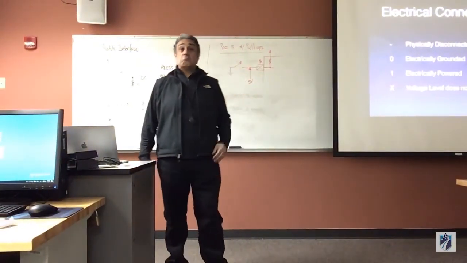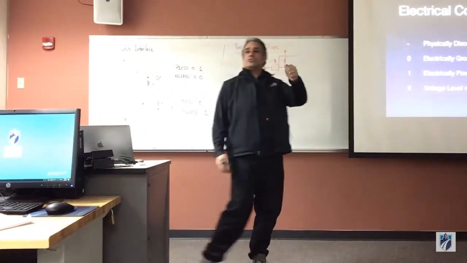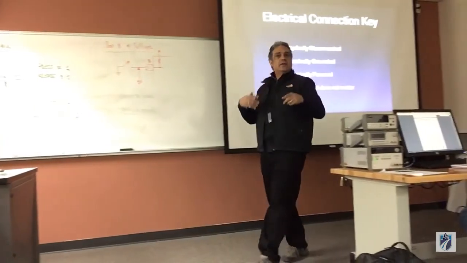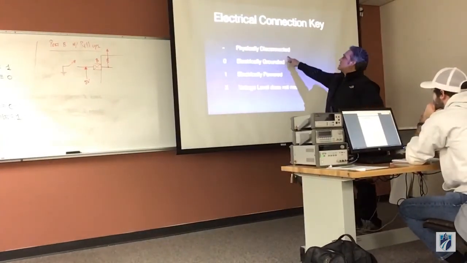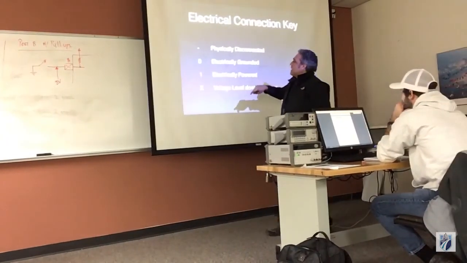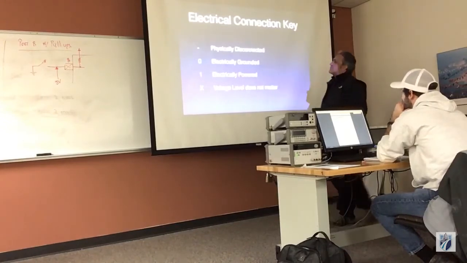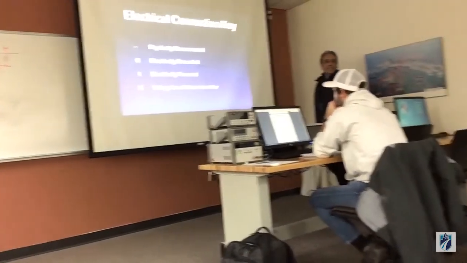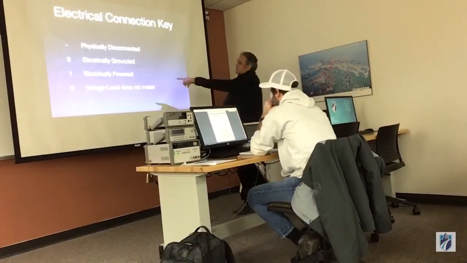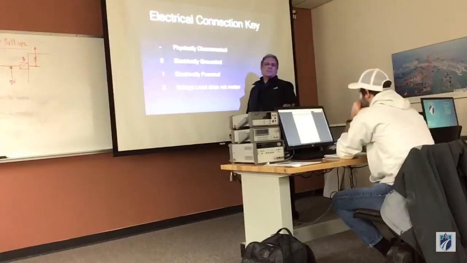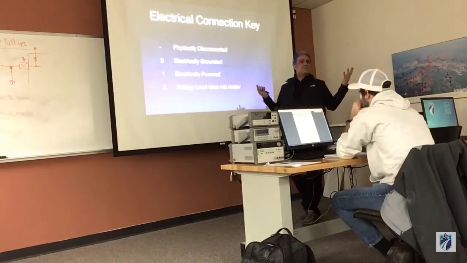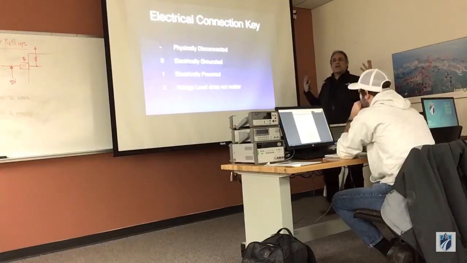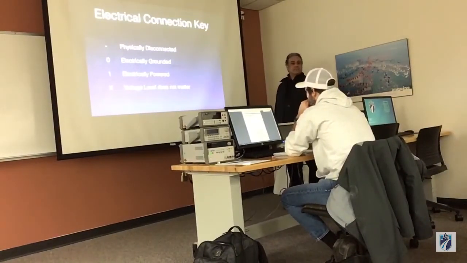No current flow. So we could use a transistor to completely disconnect the line. I'm going to call this physically disconnected. And then you have 0 and 1. That's your electrically grounded and electrically powered states. And then I have X. X means that the voltage level really does not matter. I don't care what you put in that voltage level. It really doesn't matter in the overall behavior of the LEDs.